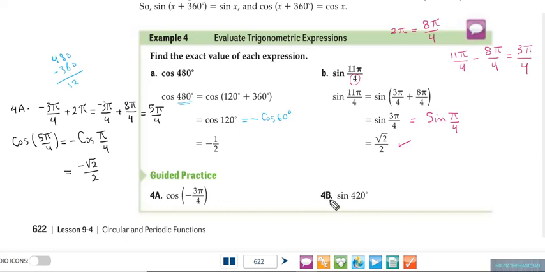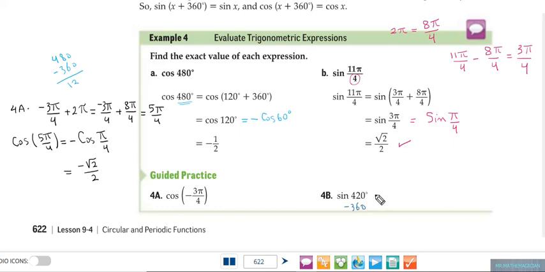Now, for B, I need to find sine 420. This angle is more than 360. So the first step is to cut out 360 to find its coterminal angle, as small and positive as possible.